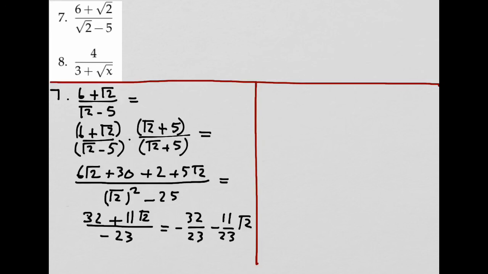Finally, example 8. Let's simplify 4 over 3 plus root x. Multiply by the conjugate 3 minus root x up and down. So 4 over 3 plus root x times 3 minus root x.